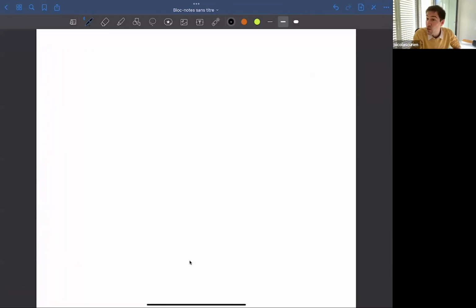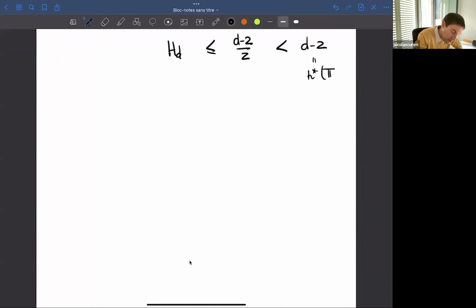But let me tell you how much I am ignorant. So what have we proven so far? Let's recap. We have the supremum of the Cheeger constant of a finite graph for large graphs. We know that this is less than d minus 2 over 2, which is strictly less than d minus 2. This is the Cheeger constant of the d-regular tree. And we know it's larger than 1 over whatever. But H_3, I don't know what it is. Nobody, not that I know.